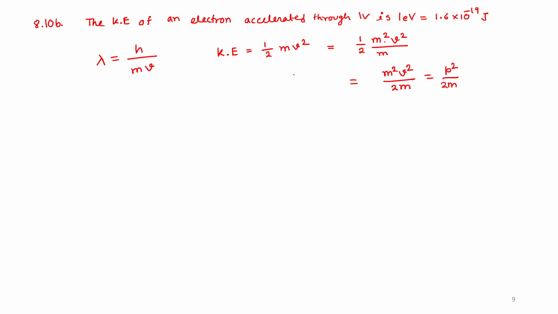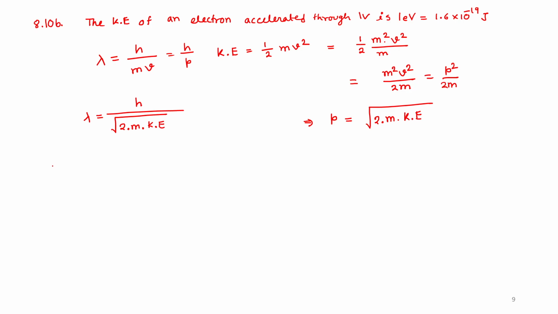Here lambda is h by p, where p is mv. Momentum is nothing but root over 2 into mass into kinetic energy. So lambda is equal to Planck constant divided by root over 2 into mass into kinetic energy. That is the relationship between the lambda and kinetic energy.